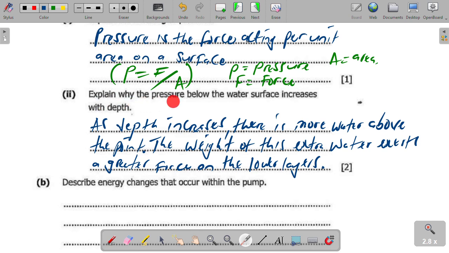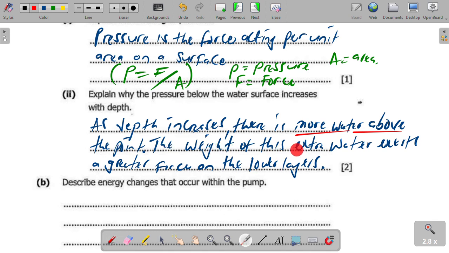So we're explaining why the pressure below the water surface increases with depth. As the depth increases, there is more water above the point.